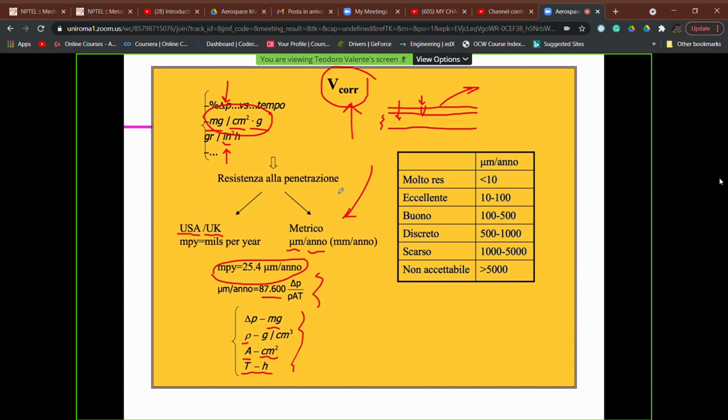Why, when it can be used, is the resistance to the penetration useful for us?